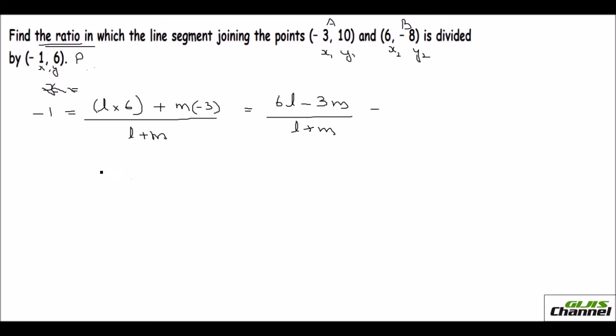This is equation 1, equal to negative 1. So from this, I'm just cross multiplying it.